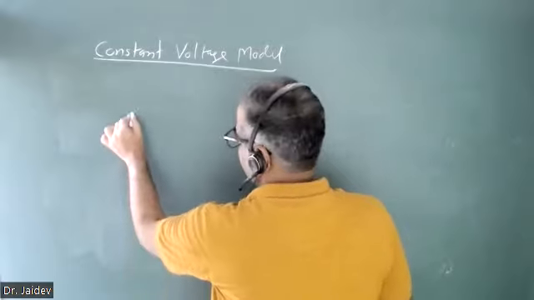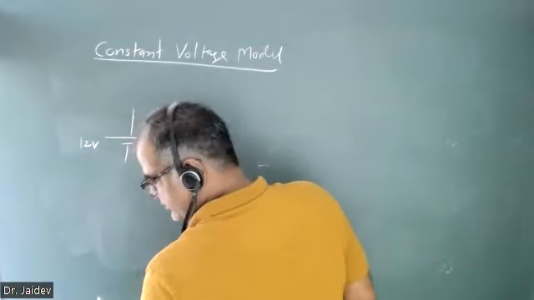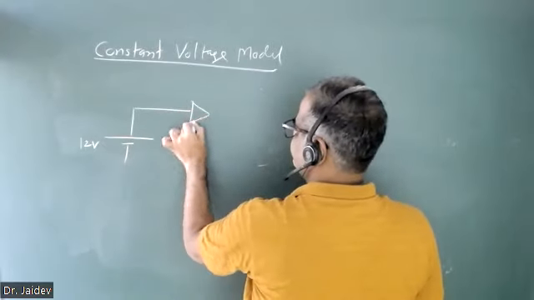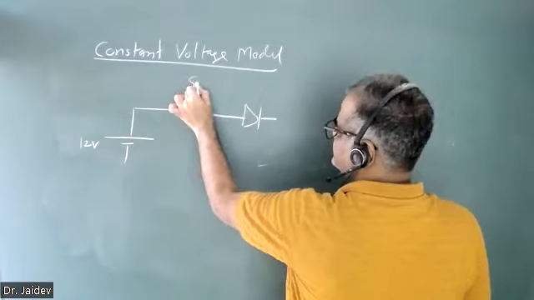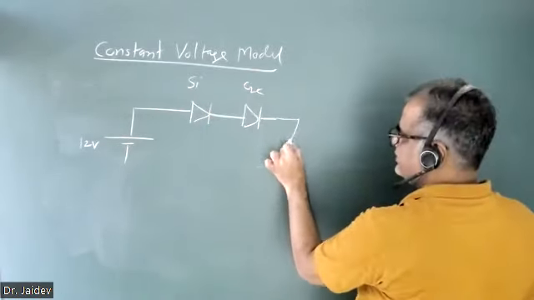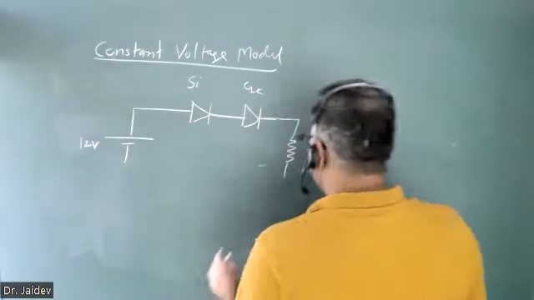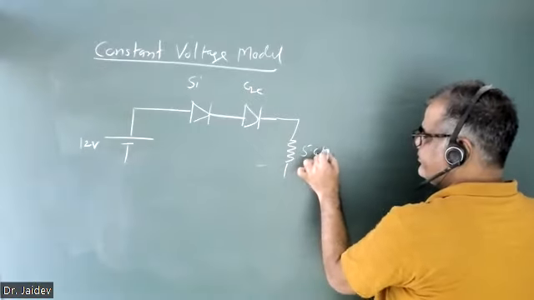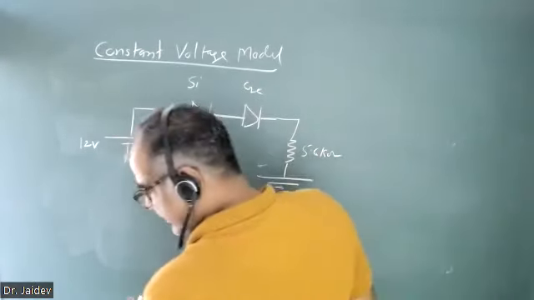Now you have 12 volt. You have been given two diodes, one is silicon, the other is germanium. And you have been given 5.6 kilo ohm, and the battery is 12 volt.